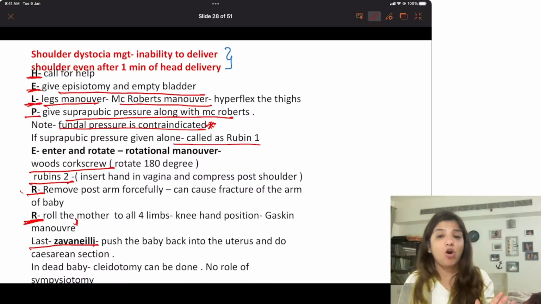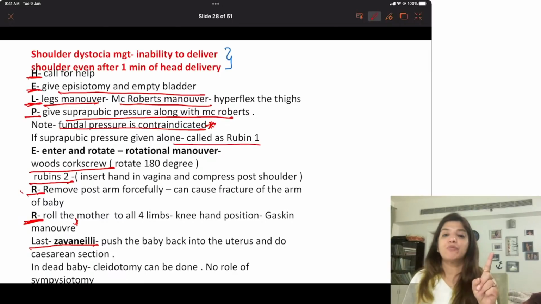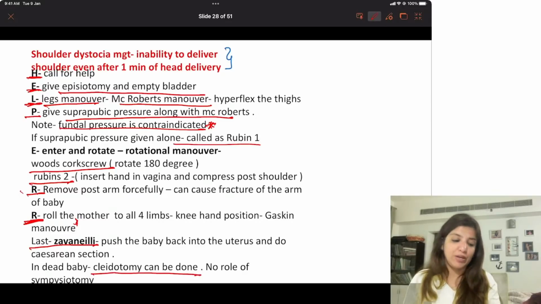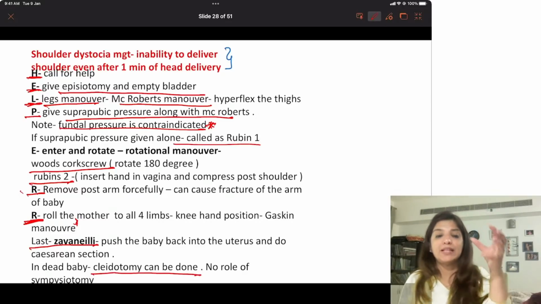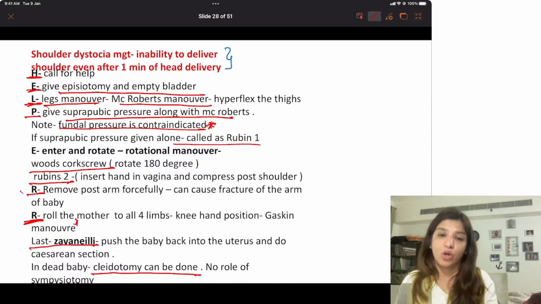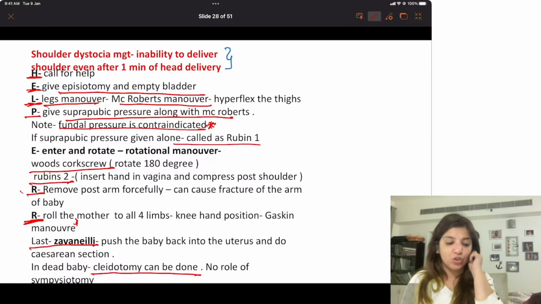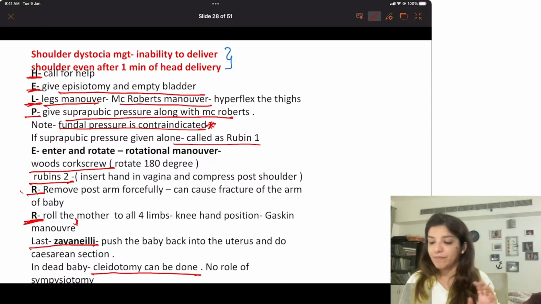Normally in present day obstetrics we do not do any destructive procedure, but if the baby is dead, one destructive procedure which may be done in shoulder dystocia is cleidotomy. We can fracture the clavicle of the baby and then we can deliver the arm. There is no role of symphysiotomy. So this is the algorithm which you have to follow for management of shoulder dystocia.